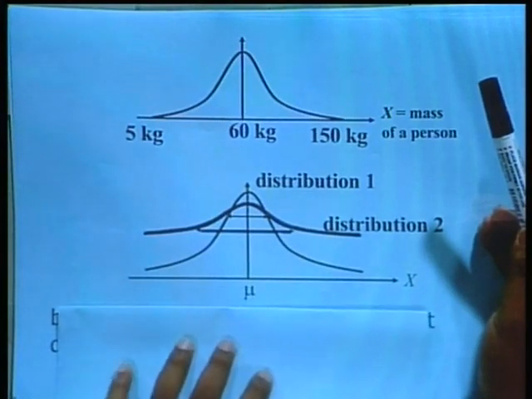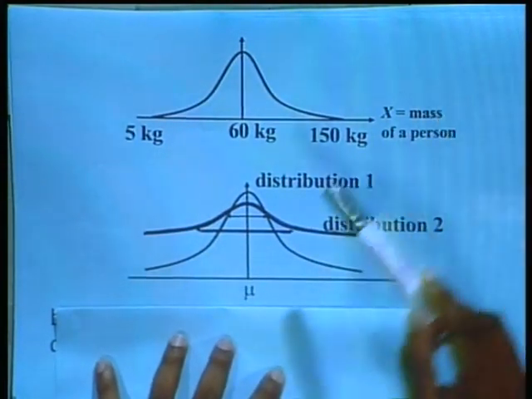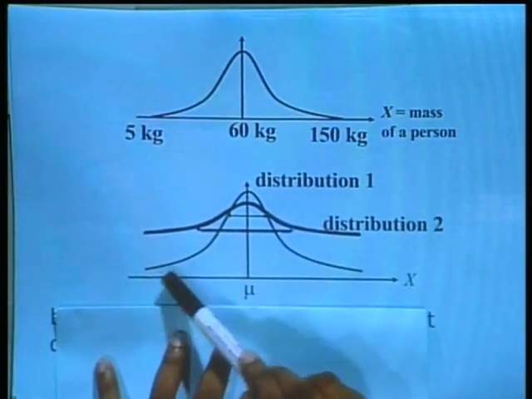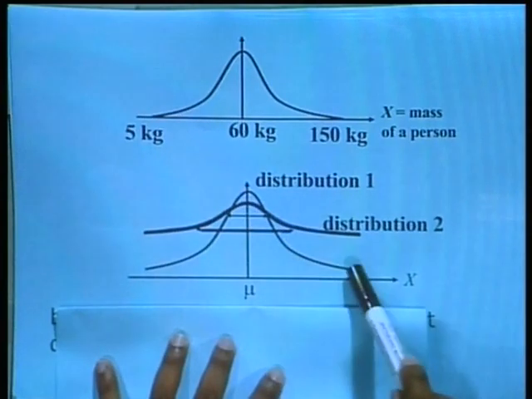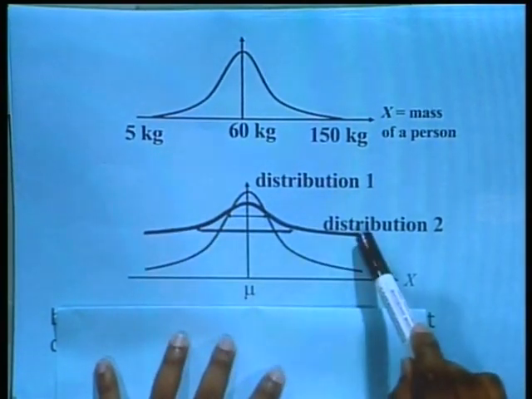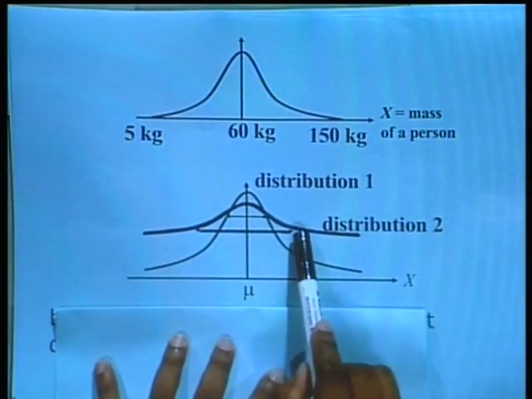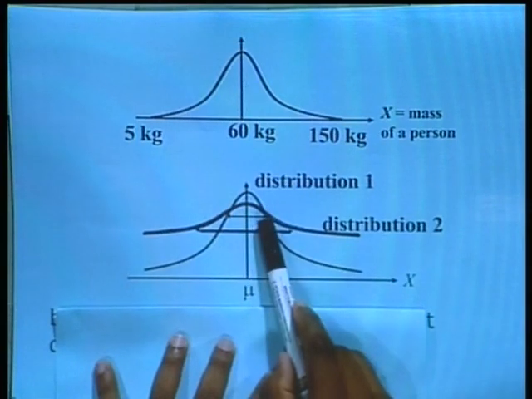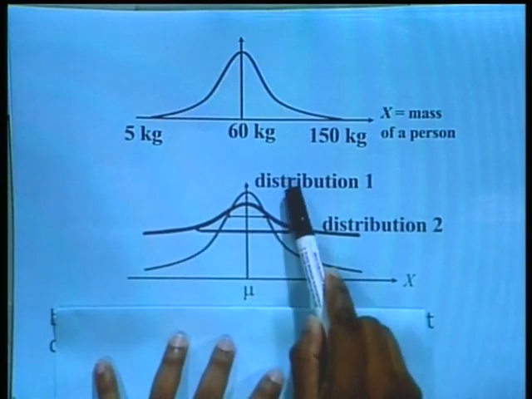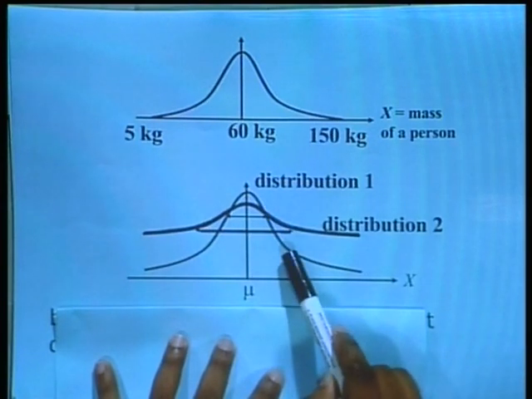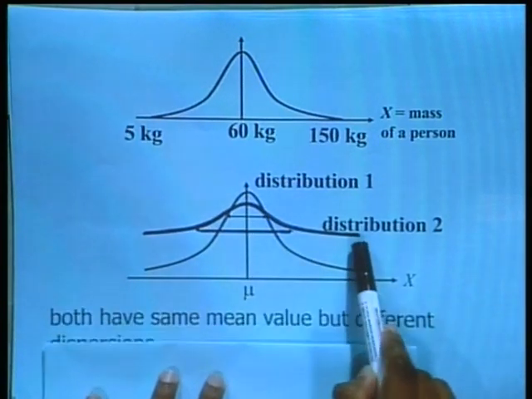We can have two distributions having the same mean value. These two distributions, distribution 1 and distribution 2, have the same mean value, but the spread in the values is different. The spread of values in distribution 1 is smaller than the spread in distribution 2.